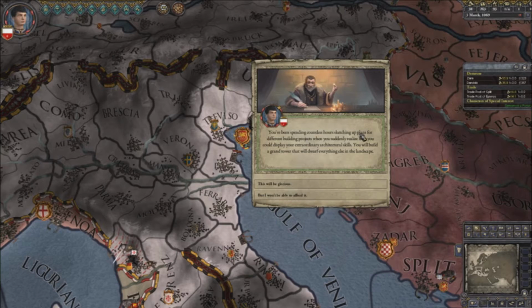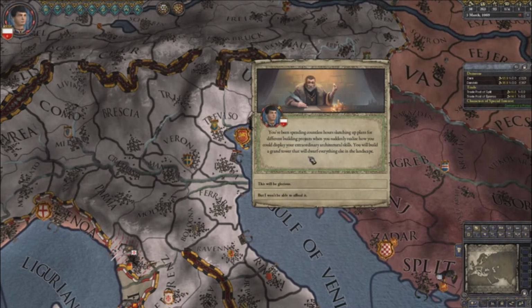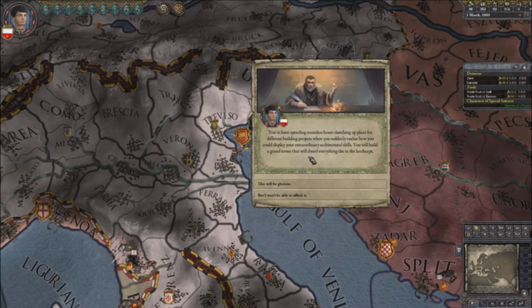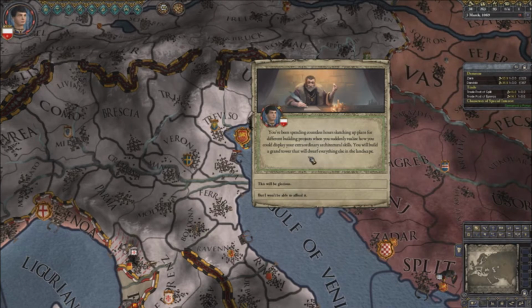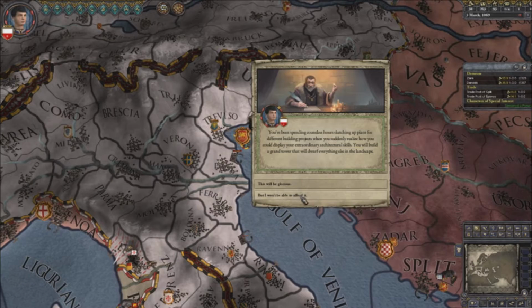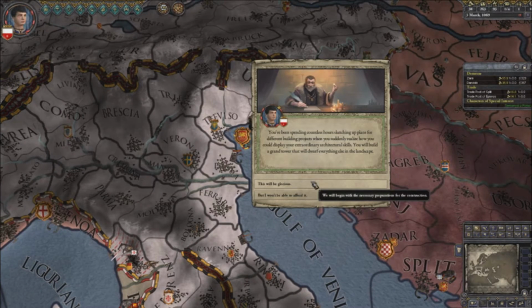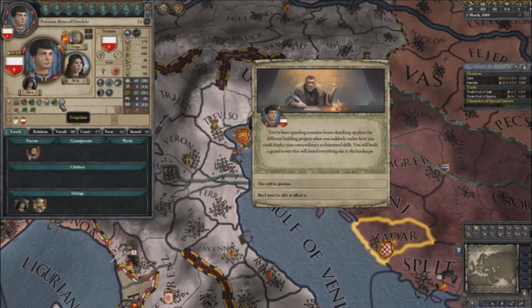We've been spending countless hours sketching out plans for different building projects when we suddenly realized how we could display our extraordinary architectural skills. We could build a grand tower that will dwarf everything else in the landscape. It will be glorious, or I won't be able to afford it. No. We need to show off our skills, I think.